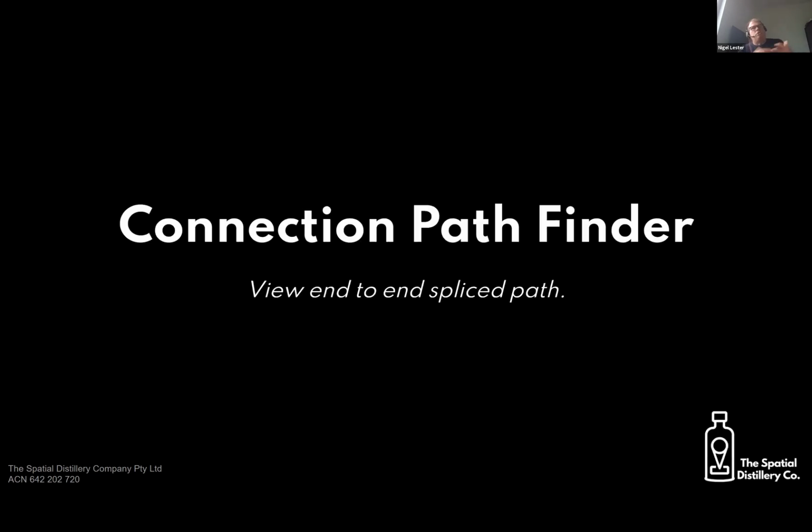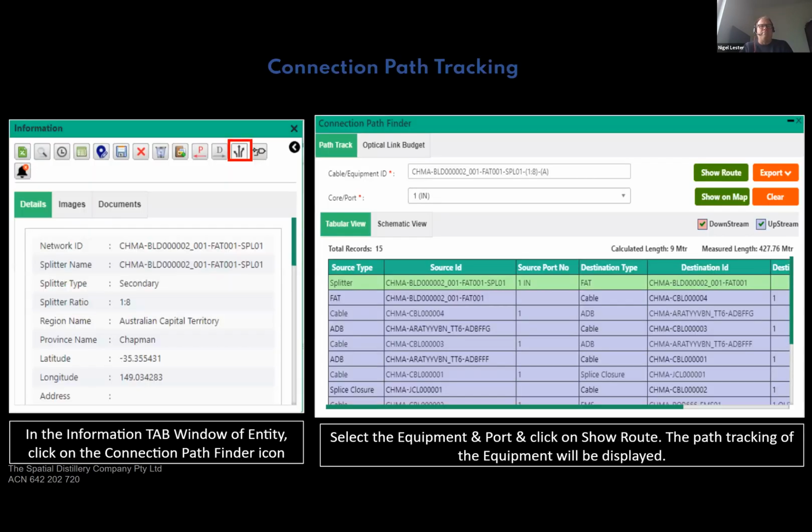So once you've built your network, once you've set up those connections and those splices on your cables, etc., you can then start to do what we call connection path tracing. So that's basically routing through any piece of cable or equipment, or even a circuit ID, or identifying a customer, and then tracing upstream and downstream from that particular network element to identify all the other pieces of network equipment that are included in that particular circuit.